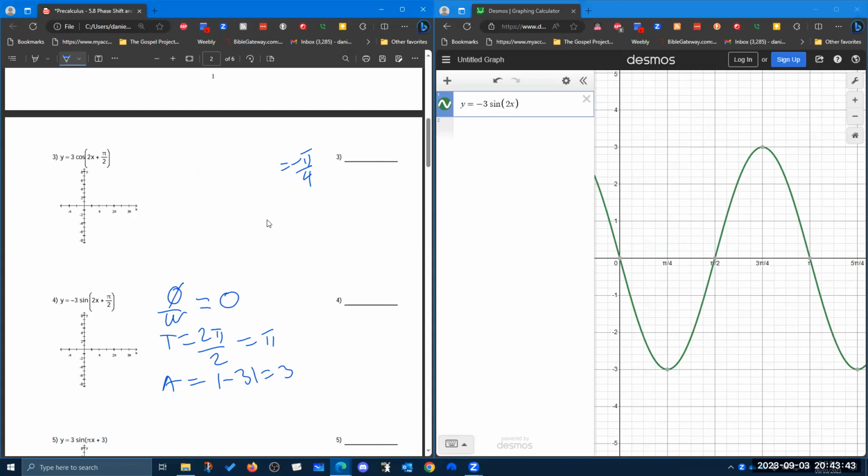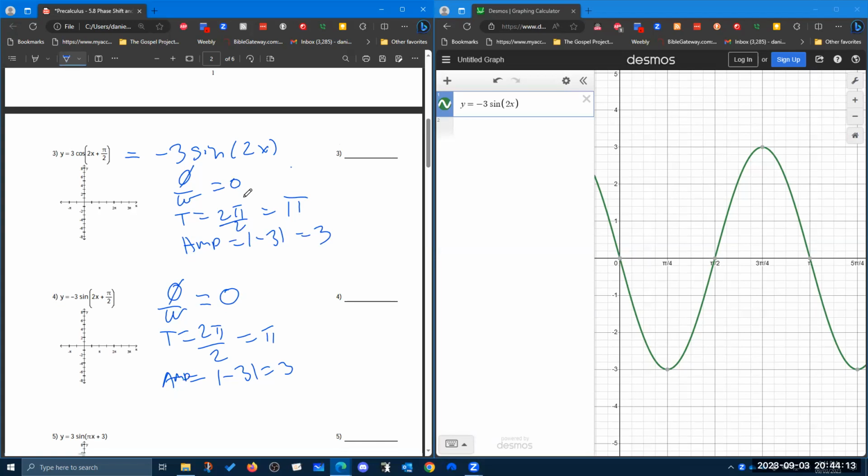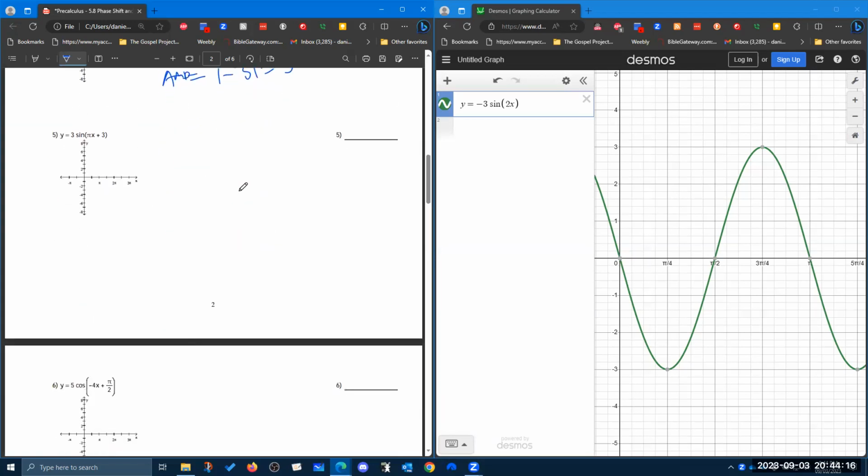If I simplify that down first, this is -3 sine 2x. I have a phi over omega of 0, and then a T equals 2 pi over 2 is pi. And then I have an amplitude of absolute value of -3 is 3. Okay, so let's move on.